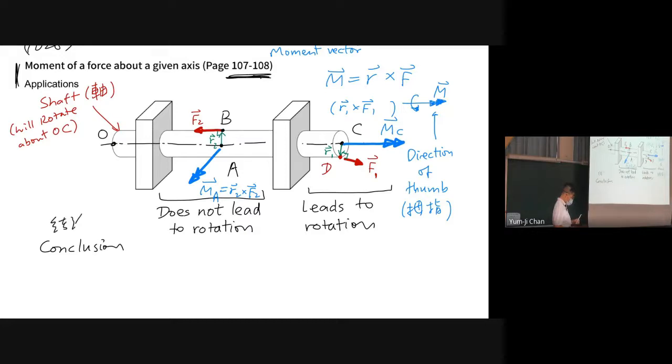The conclusion is that this force and this moment arm will lead to rotation, and we can see that MC is parallel to the line OC.